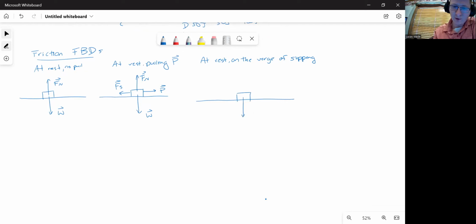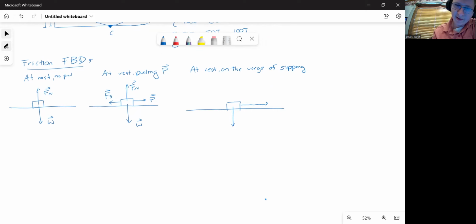So if you pulled even just a tiny bit harder, this block would start to slide. Maybe I'll say sliding instead of slipping then.